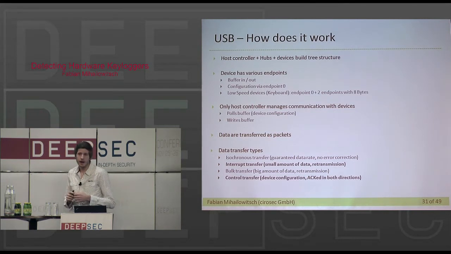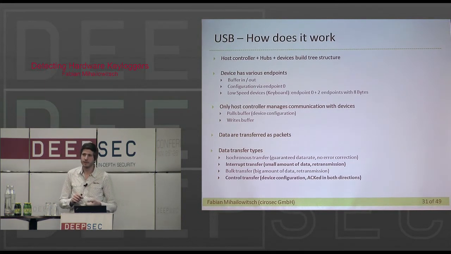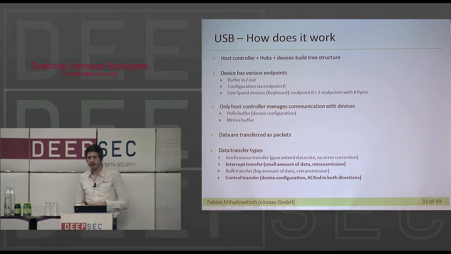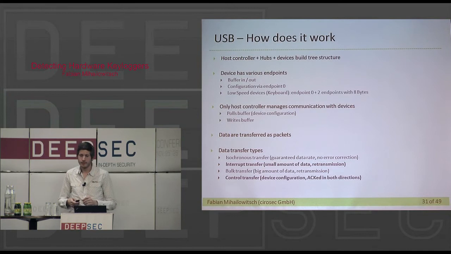It is used for a small amount of data, and retransmission is supported by USB. Once the packet is lost or anything happened, it is retransmitted 3 times. And then you have the control transfer, which is used to set or get the device configuration. And the cool thing about it, we will see later, is it is acknowledged in both directions.